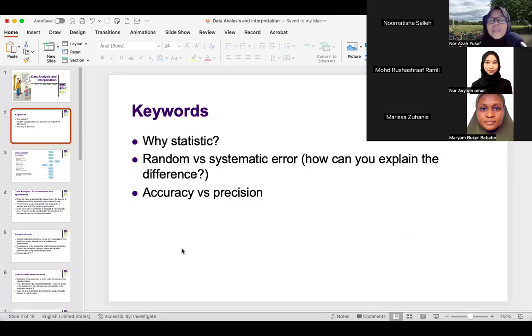Why? Because all this glassware comes with an error. So if you choose the least accurate, which is the measuring cylinder, then of course it will contribute some error. So those are random as well. Is it answering your question?